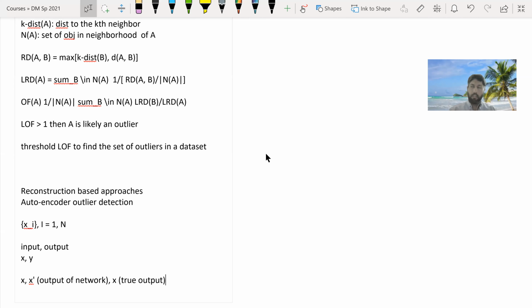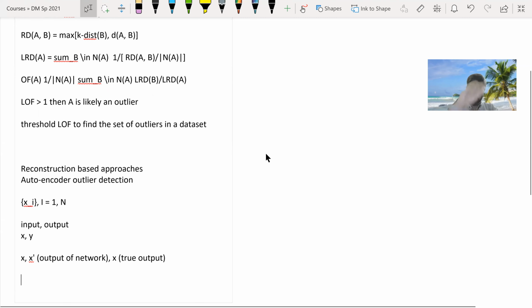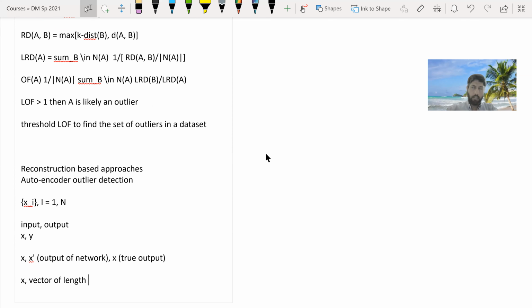Okay? So that is why this is called auto, meaning that we are trying to learn the same thing. And why is it an encoder? Because this transformation from X to X prime goes through some coding. So usually, let's say X is a vector of length, let's say m.